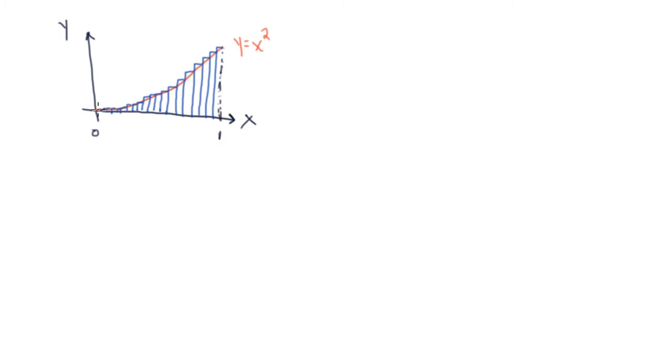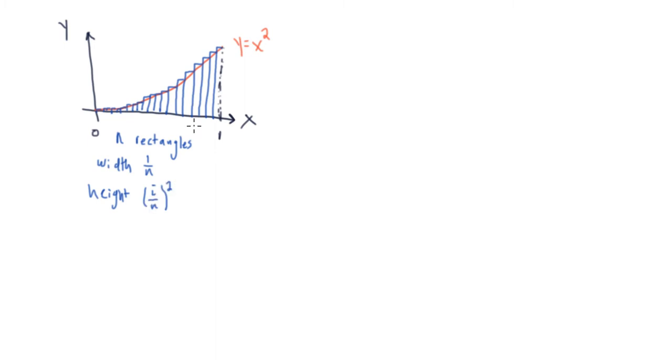And you see that as we use more and more rectangles, so this is n rectangles, where n here I just want to think about as a very large number. So the width is 1 over n. The height of the ith rectangle is i over n squared.